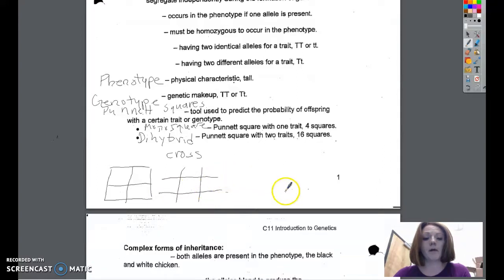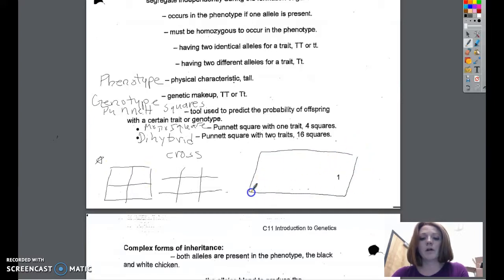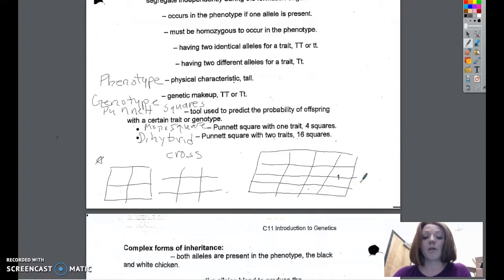I don't know, whatever works for you. But I do them like this, and this is how you'll see them on your test. If you are doing a dihybrid square, it's 16 squares, like this. Far more complicated. This is far more complicated than that.